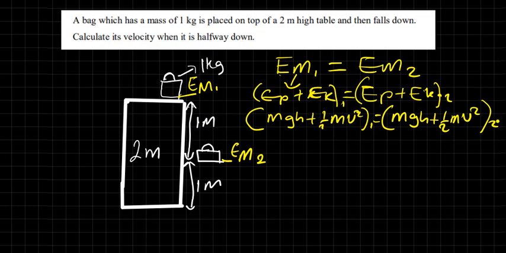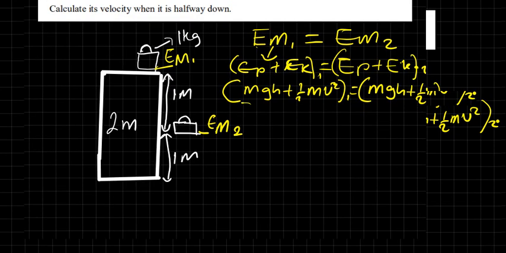So to do our substitution at the first position, we know the mass of the object to be 1, times the gravitational acceleration, which is 9.8, times the height, which is 2.